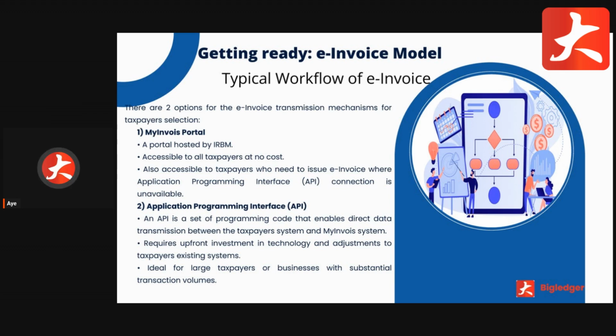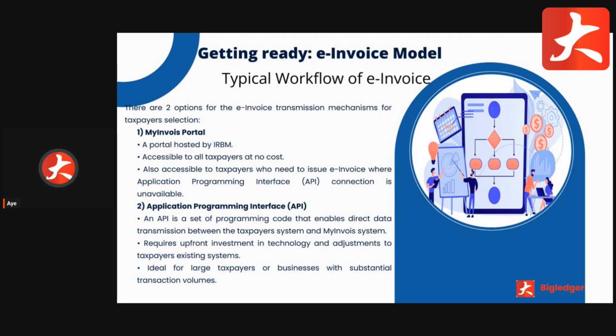This Myinvois Portal is also accessible to taxpayers who need to issue e-invoices where the application programming interface (API) connection is unavailable. Let's say you are using API for the e-invoice submission, but one day the API or the system is down and you cannot access it, you can still go to the Myinvois Portal to do your submission.